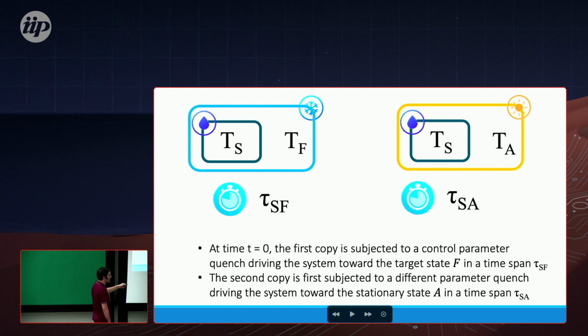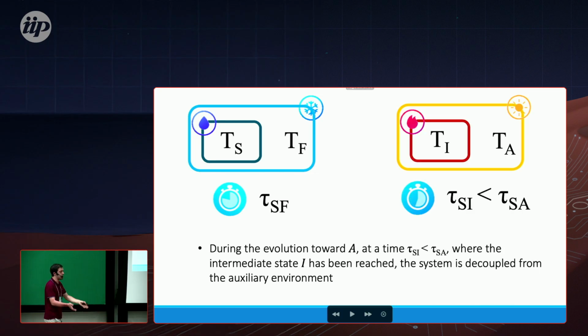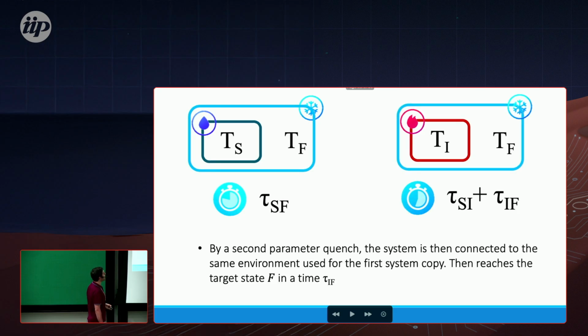But before this happens, before the water can evaporate, for example, we decouple it from the sun or the fire after a shorter time than the time needed to reach equilibrium with this environment. In the meanwhile, it has changed state, and we now connect it with the freezing environment. And of course, now it will take some time to freeze.